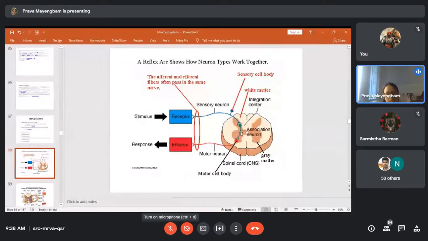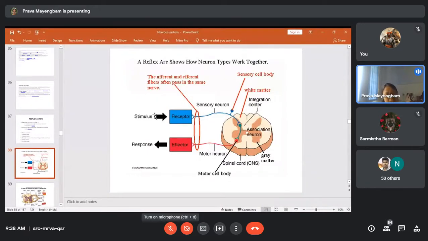From the association neuron, the message comes out through the motor neuron, which innervates an effector organ. Now this effector organ will exhibit an action in the form of a response. This is going in the form of an arc, just like a portion of a circle.